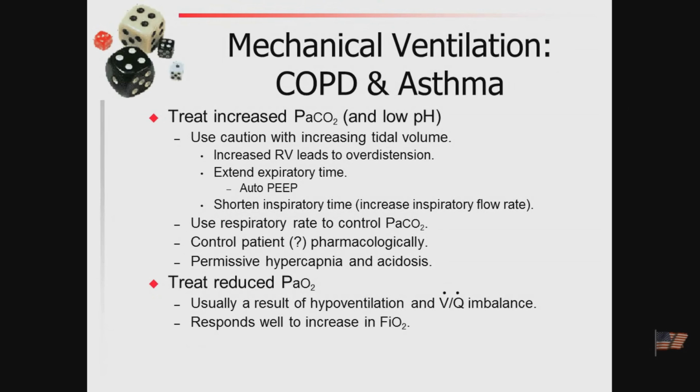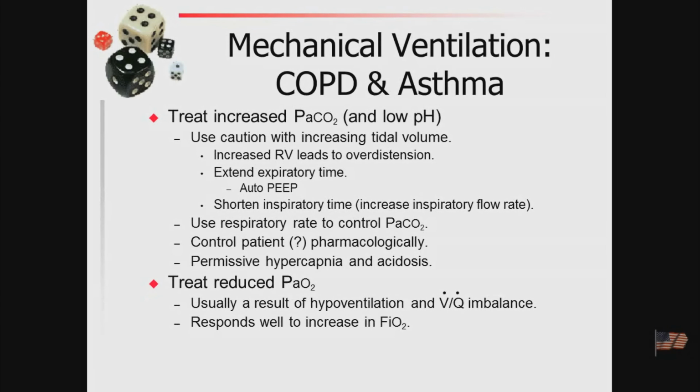Also, if I increase the rate, and think about this for a second, if I go from a rate of 12 to a rate of 15, at a rate of 12, what is my total cycle time? 5 seconds. 60 divided by 12, right? At 15, what is my total cycle time? 4 seconds, right?